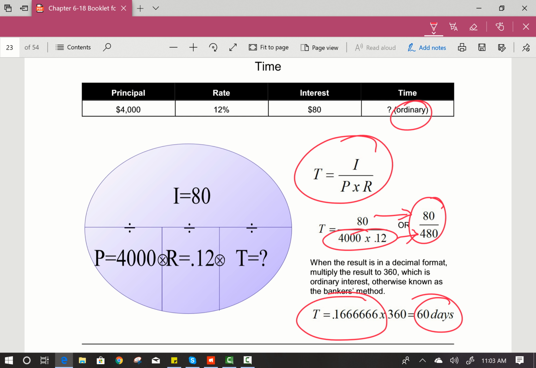So 60 days is your correct answer. So anytime that you end up with a decimal format of 0.1234, whatever it happens to be, multiply it times 360, and that will give you the number of days in the year.